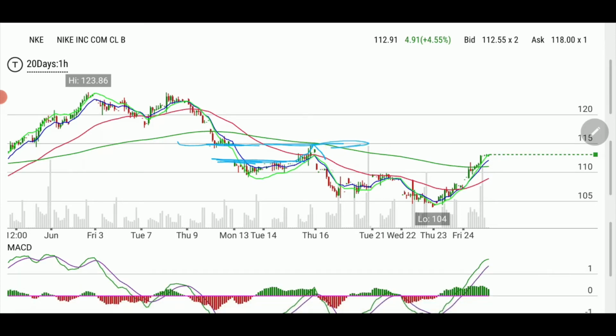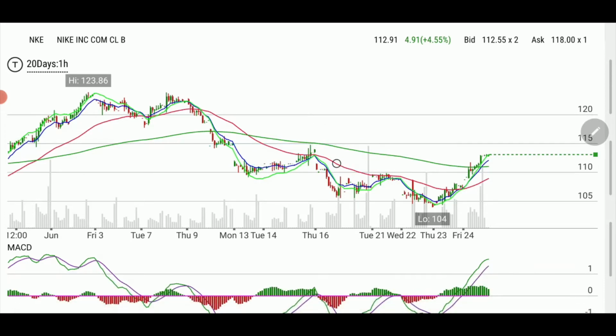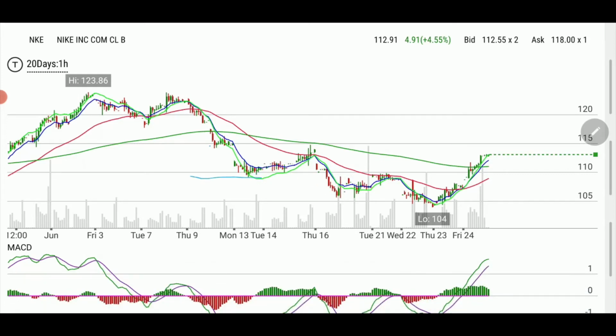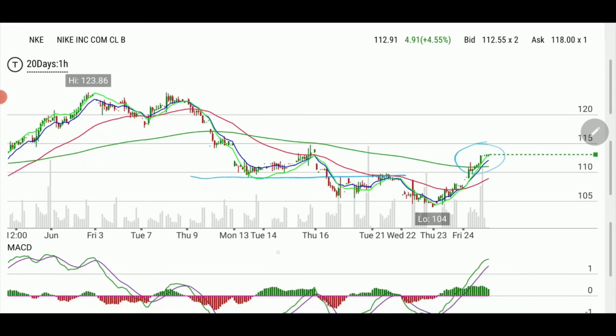But here's another gap. You all see this? And this is what I was interested in last week, because I'll get to that point later. If you see this line here, I was under the impression that as soon as we would start breaking this line, we would move quite higher. And this is what happened on Friday.